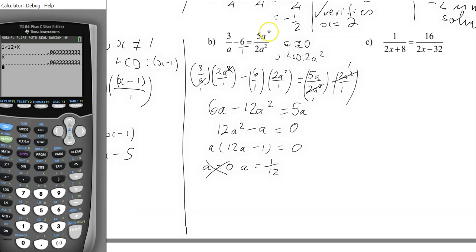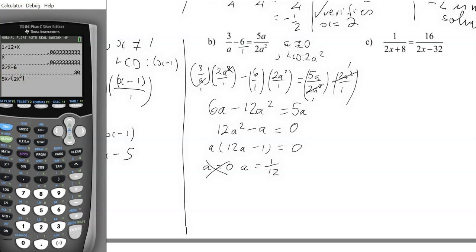Okay, so the left side is 3 divided by, see, now I don't have to put in 1/12, right? Let's go 3 divided by x, and then minus, and order of operations says it'll do the division, and then it'll subtract the 6. So we get 30. And then we'll go 5x divided by, now I need to work out the 2a squared, so I have to put this in brackets, 2x squared, and then another bracket.